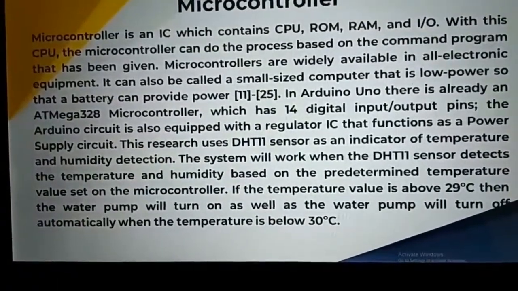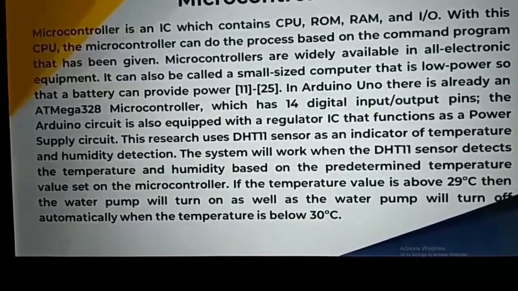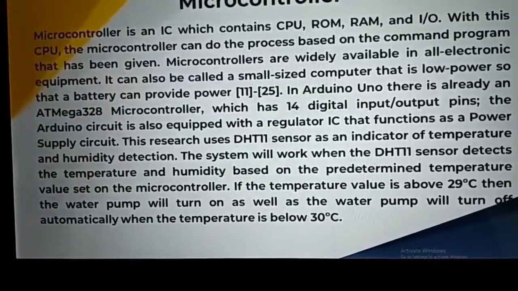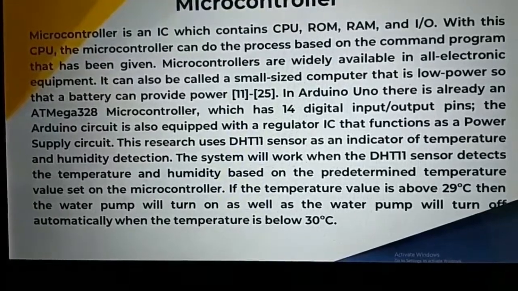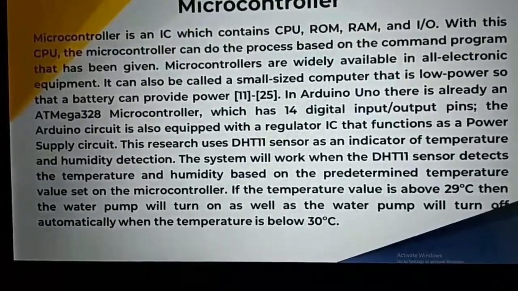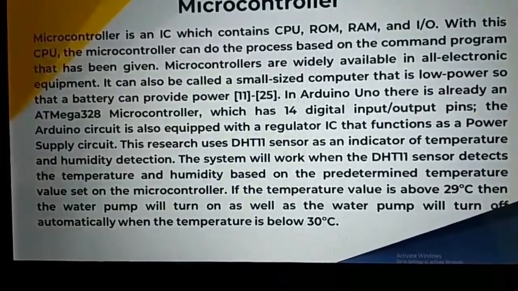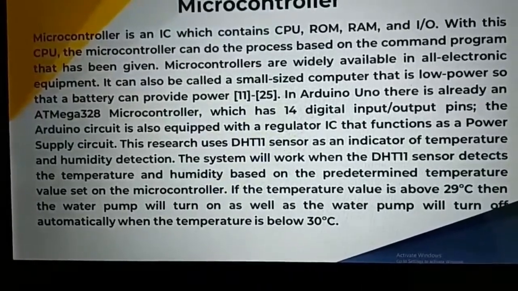This research uses the DHT11 sensor as an indicator of the temperature and humidity detection. The system will work when the DHT11 sensor detects the temperature and humidity based on the predetermined temperature value set on the microcontroller.